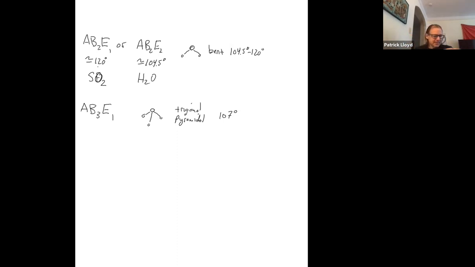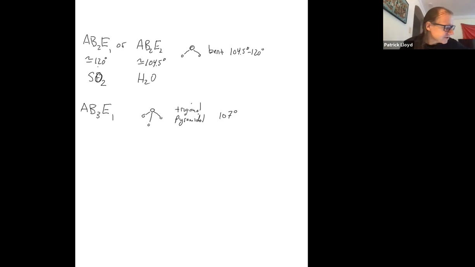Okay. Next one, I've got a few of them here, so I guess I could do this one. This one right here has 4 surrounding atoms. Let me see if I have any more that have 3 surrounding atoms. That one has 4 surrounding atoms.